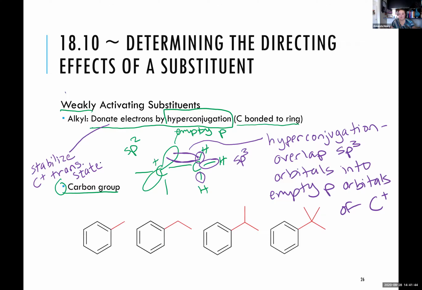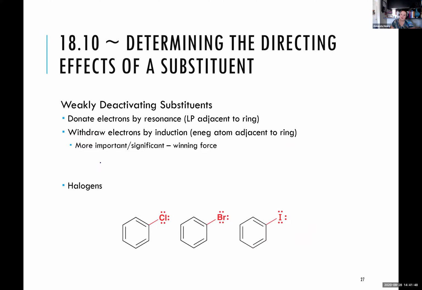Okay, then we are switching over to the deactivators, starting with the weak deactivators. And remember, all of our deactivators have in common that they are all electron withdrawing groups. So we're essentially going through the same stuff.